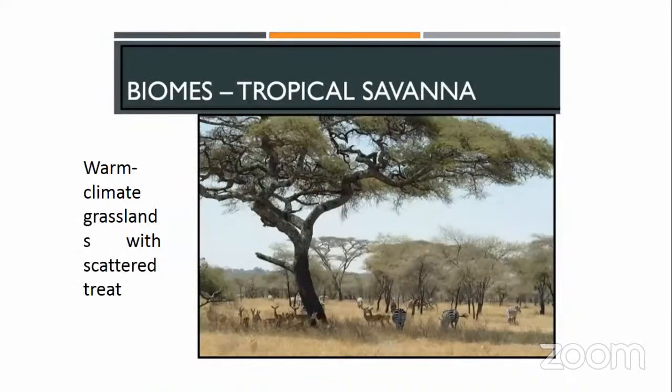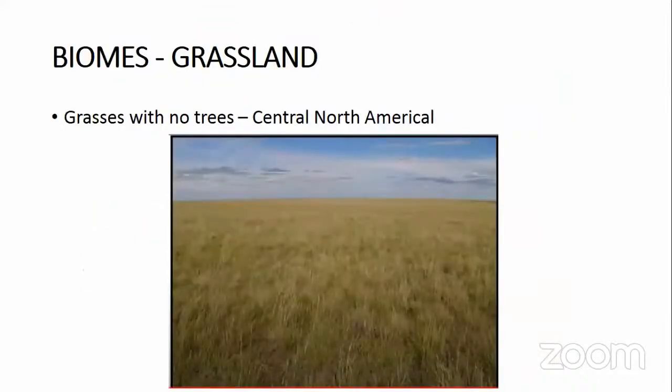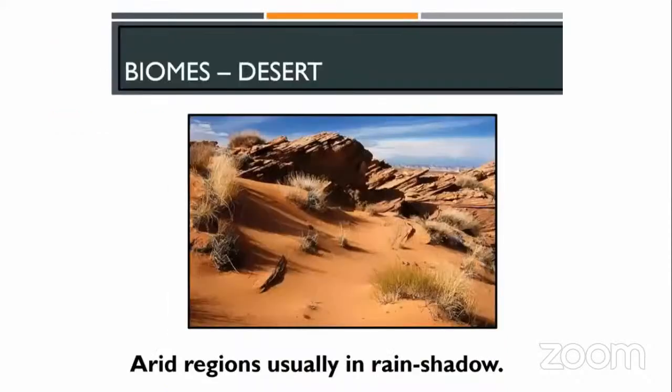Okay, and now this is warm climate grasslands, scattered trees, and grassland with no trees in central North America. And this is desert, very dry regions, usually in rain shadow. There will be very little rain.